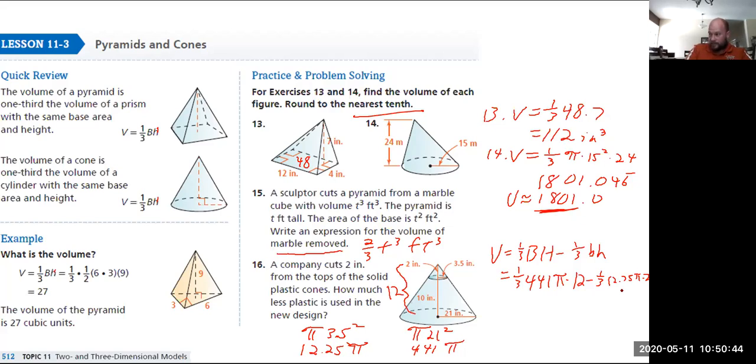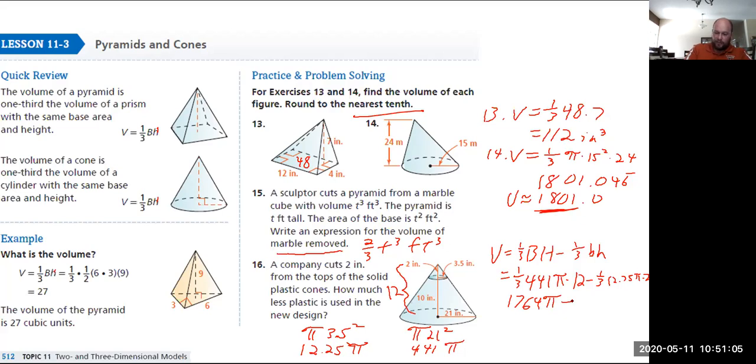So we have 12 times 441 divided by 3. Again, I'm still leaving things in terms of pi for right now. So I have 1,764 pi.